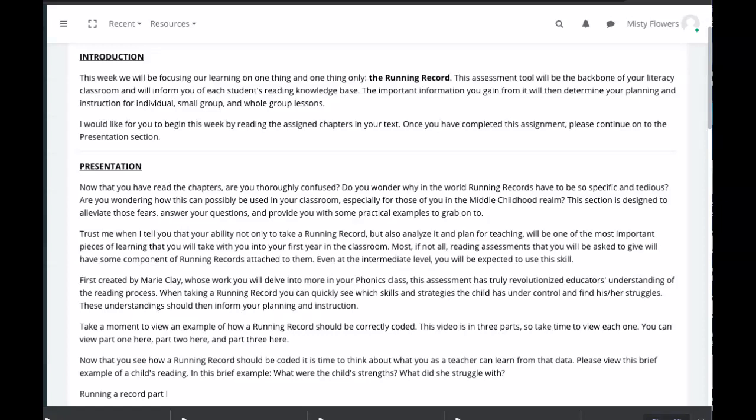In Figure 11.1 in our text, there are several purposes of running records that are listed. For example, a running record allows you to group and regroup for instruction, select appropriate text for the students, inform teaching decisions during the reading of a new book, and inform your teaching decisions after reading. And this is just to name a few.